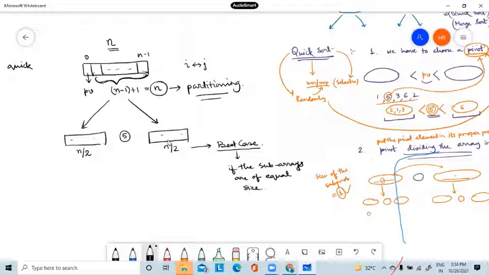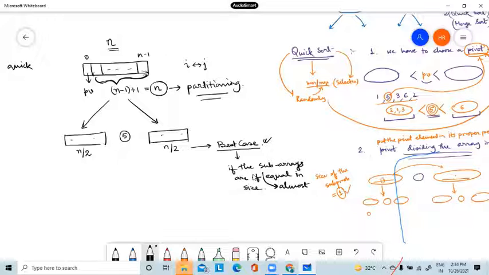But if there are an even number of elements, then obviously on one side there will be one extra and on the other side one less. So if your sub-arrays are almost equal in size, then we can say it will give us the best case.